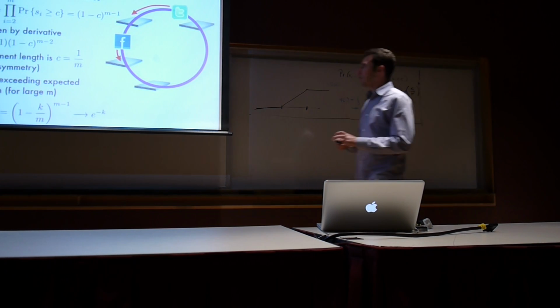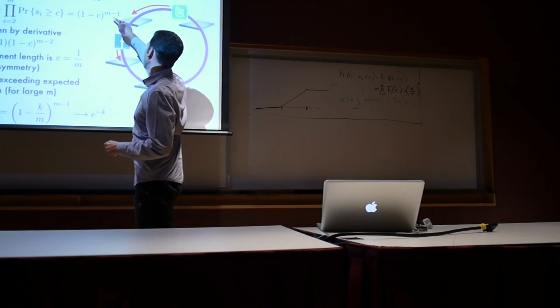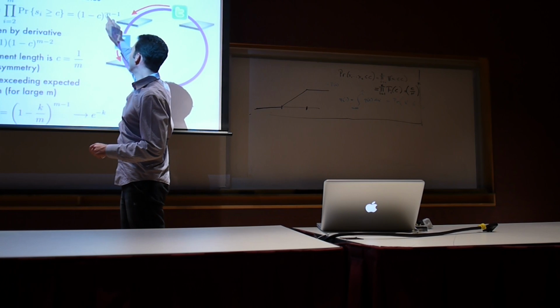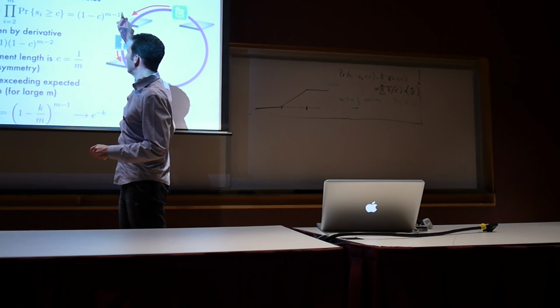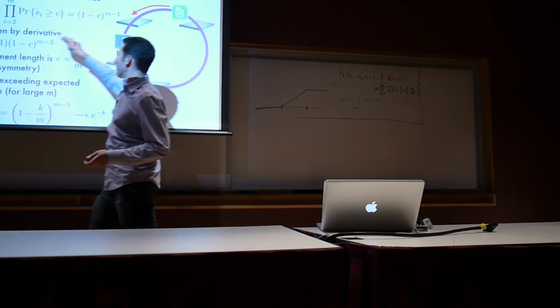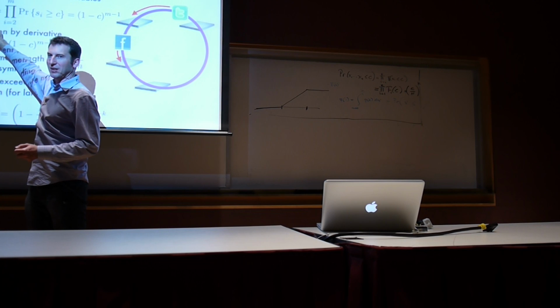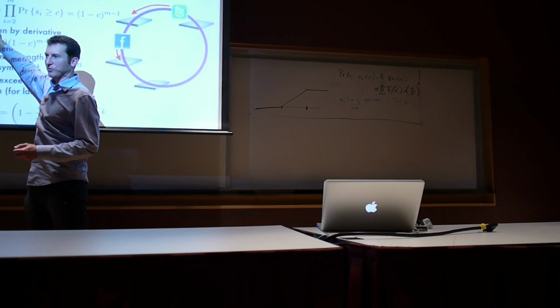Now, since I have n minus 1 machines that I can randomly assign, I get 1 minus c to the n minus 1. So in other words, I can explicitly write out what the probability is that my segment length will be greater or equal than c. This is useful.